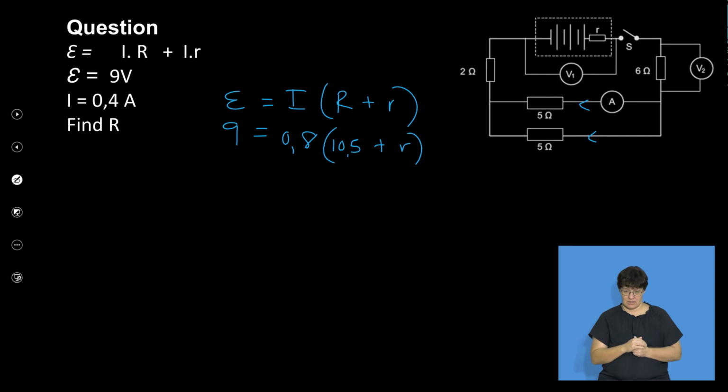So what is our value there? Before we go to the calculator, this is the same as 9 divided by 0.8 minus 10.5, which gives us the internal resistance.